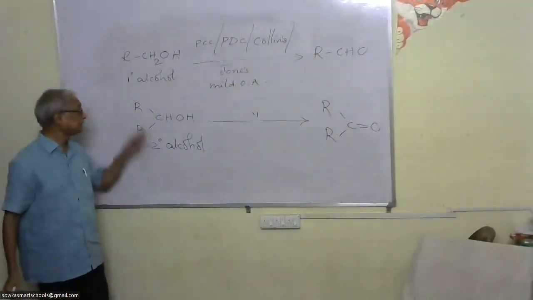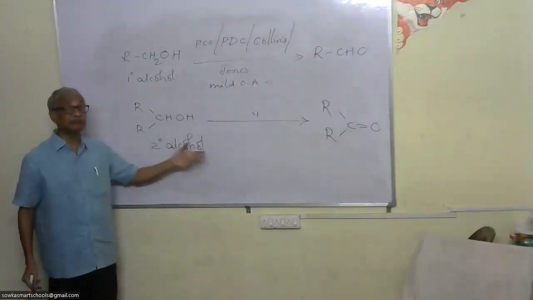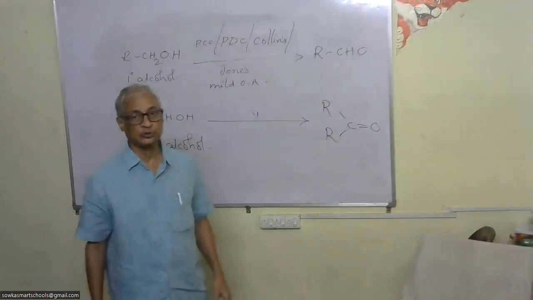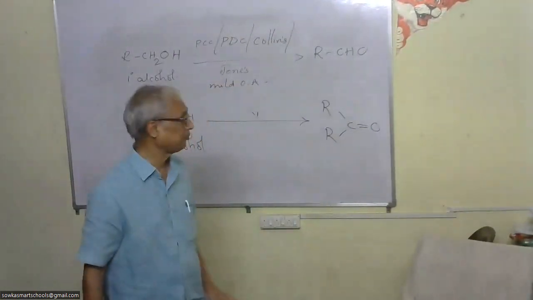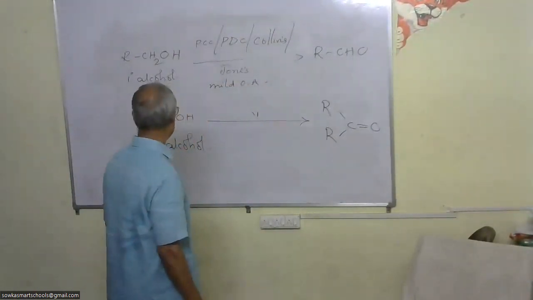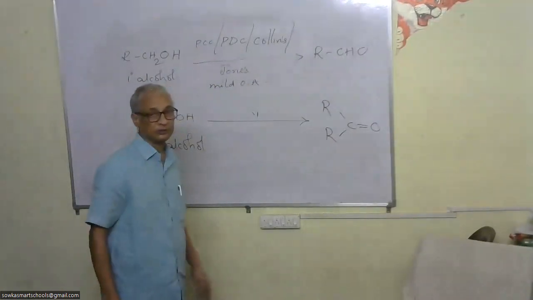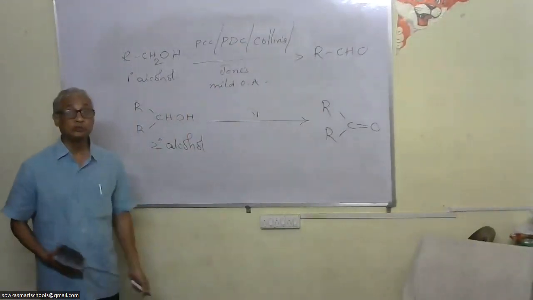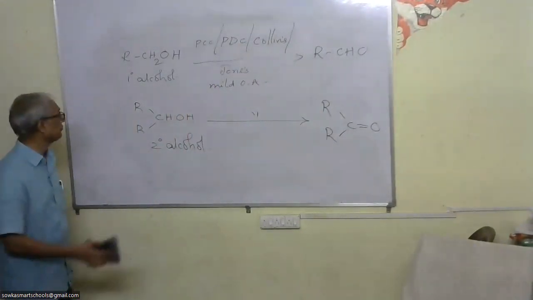Here one can understand that R and R may be the same, maybe different alkyl groups. We get the corresponding ketones. That is the first method of preparation of aldehydes and ketones by using mild oxidizing agents.